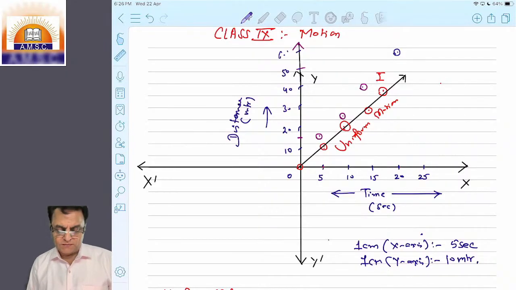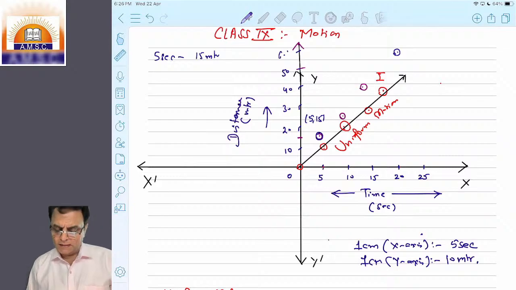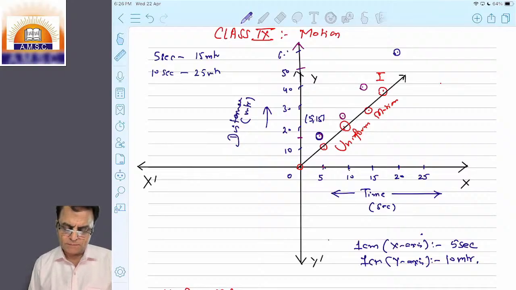So in the first 5 seconds, the distance covered was what? 15 meters, right? This point, 5 comma 15. In the next 5 seconds, that means in a total span of 10 seconds, the distance covered was what? 25 meters. Right?